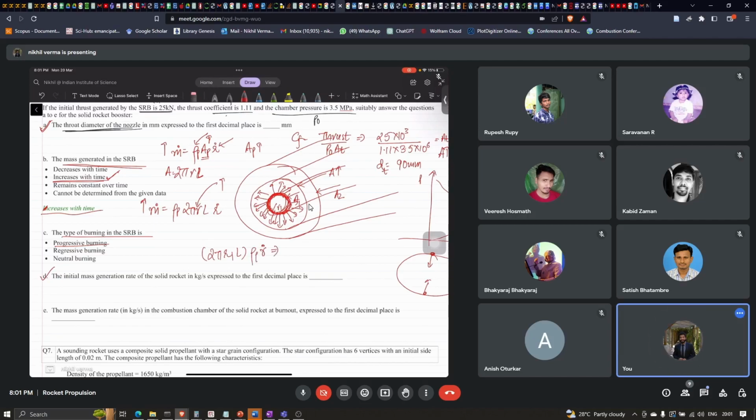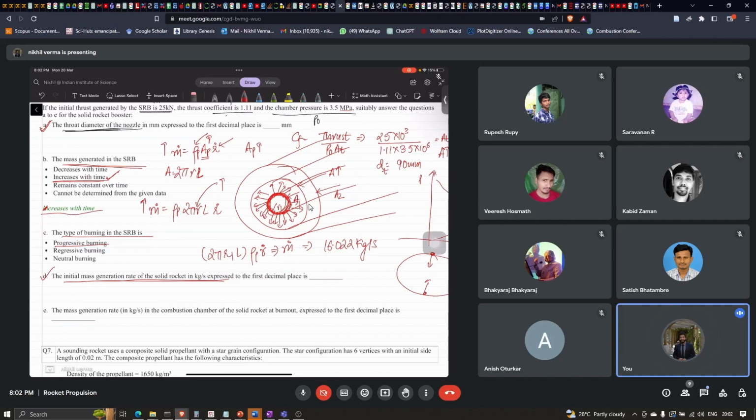Correct? This is the initial mass that will be generated. Okay, if you substitute this, you will get the value as 16.022 kgs per second.